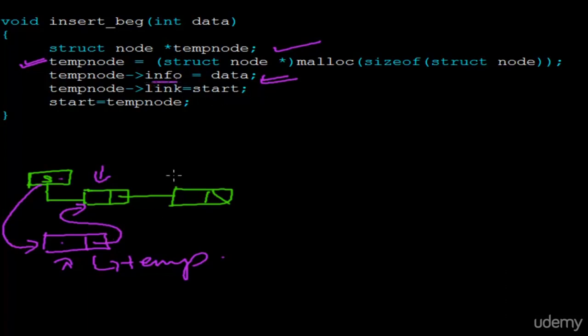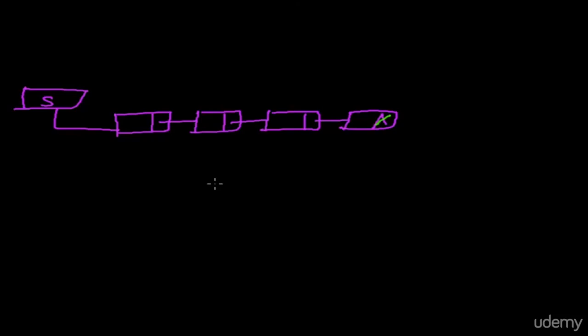Then the link part is overwritten by the value of start, meaning this link will start pointing to the first node, and at last the address of the temp node is copied to the start pointer. Very simple.